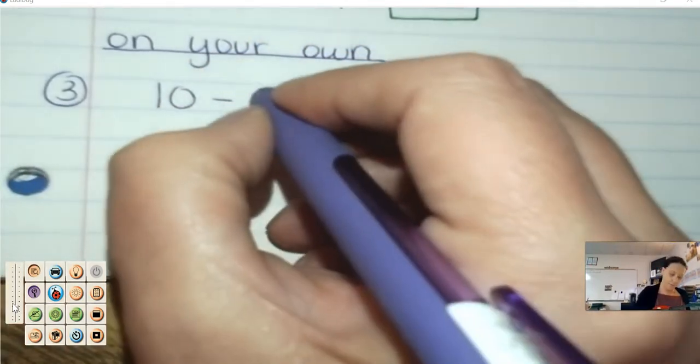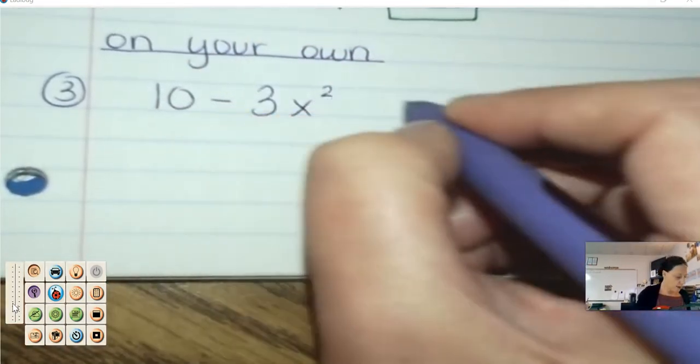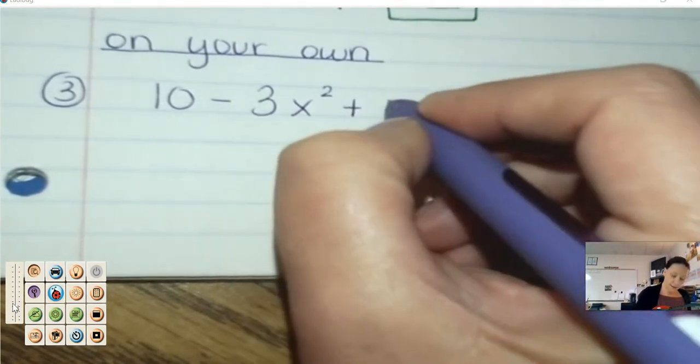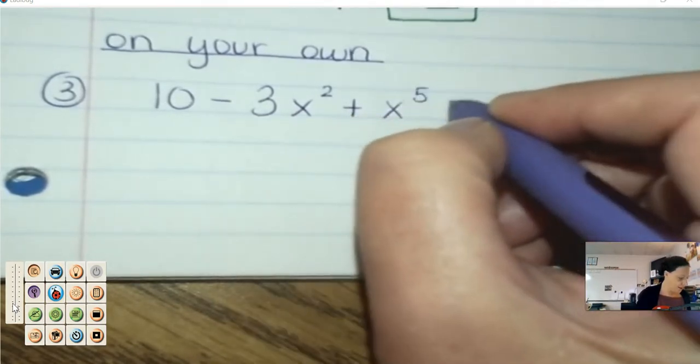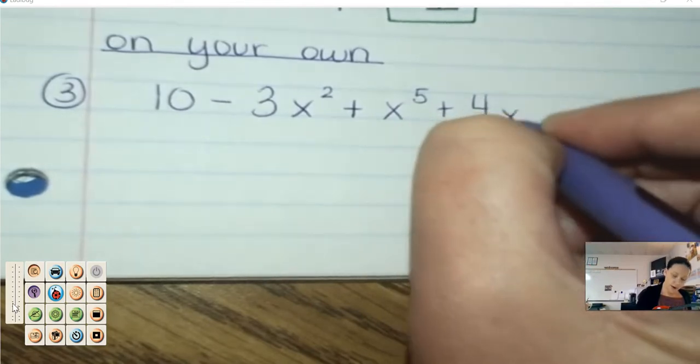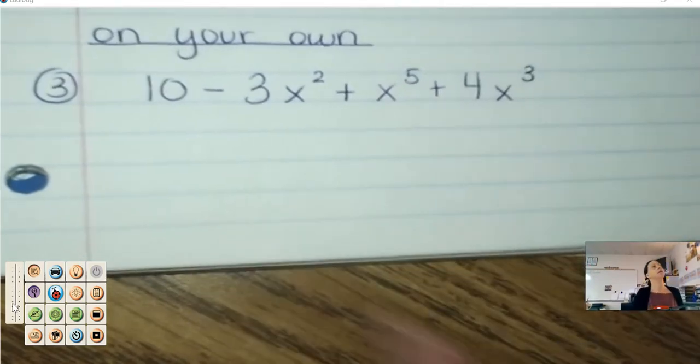Okay, first write this one down, number 3. 10 minus 3x squared plus x to the 5th plus 4x cubed. Okay, you can move around. You can go work with another friend. Write it in standard form and then tell me the leading coefficient.